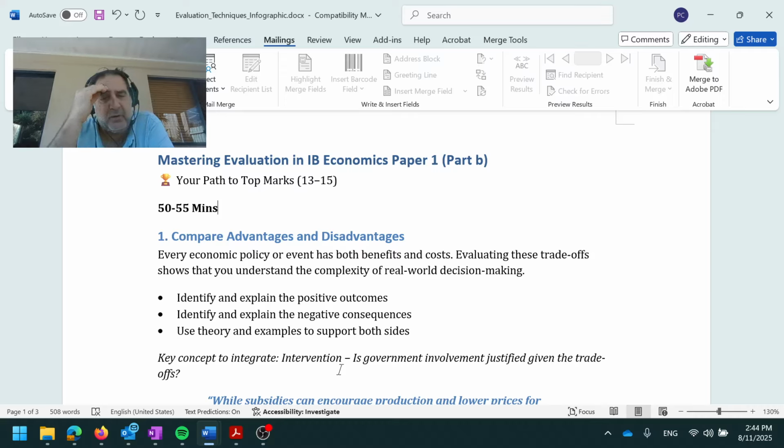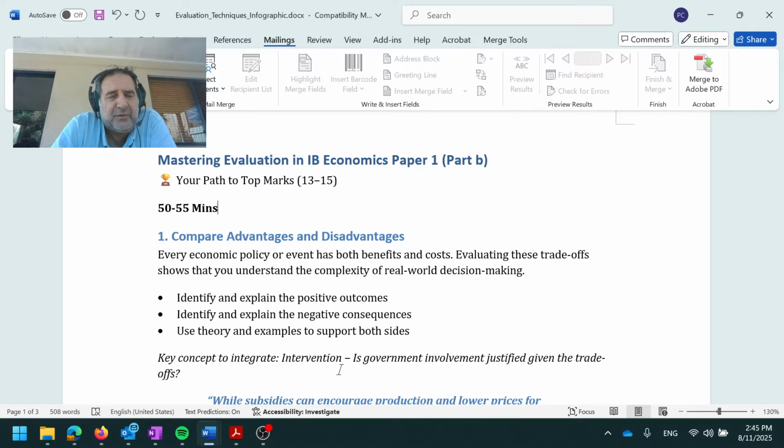Students often ask me, how many real world examples should I have? Should I have like 50,000? And look, the answer is, at least one. I would probably have two. The more you have and the more you integrate, of course, you're going to get a better mark. But they're the kids who are aiming for 14 or 15 out of 15.